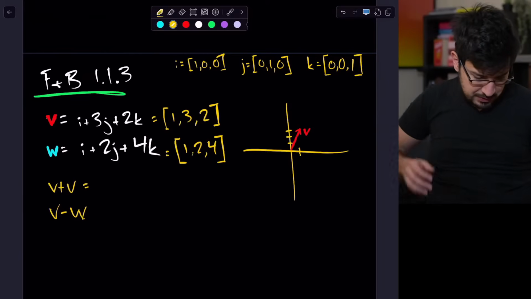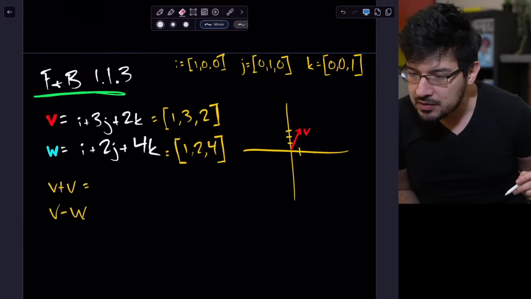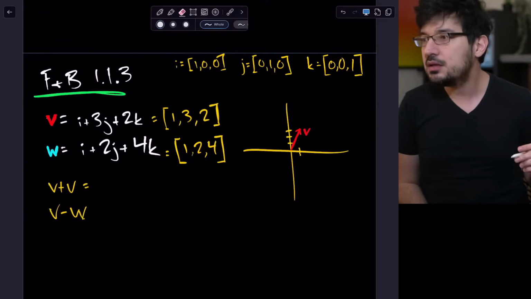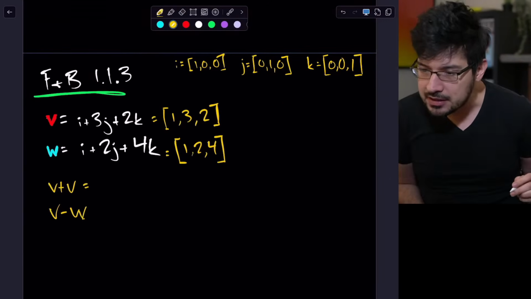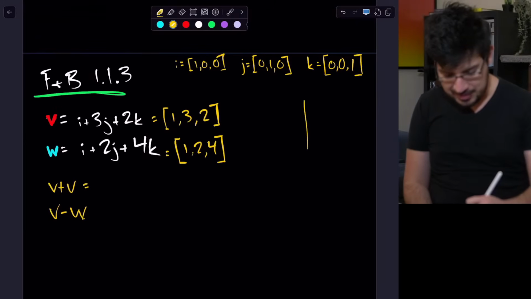Oh, wait. Oh, what am I doing? 1, 3, 2. Oh, we need to sketch this in 3-dimensional space. Oh, shoot. Okay. What am I talking about? i plus 3j plus 2k. Yeah, okay. All right. I take it back. 3D space. Awesome.